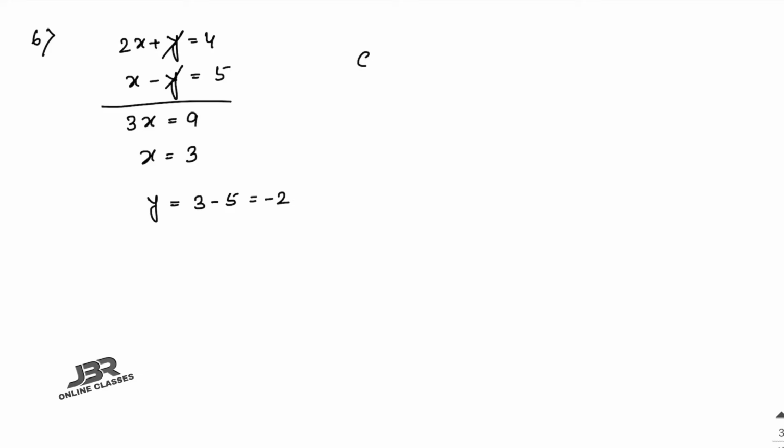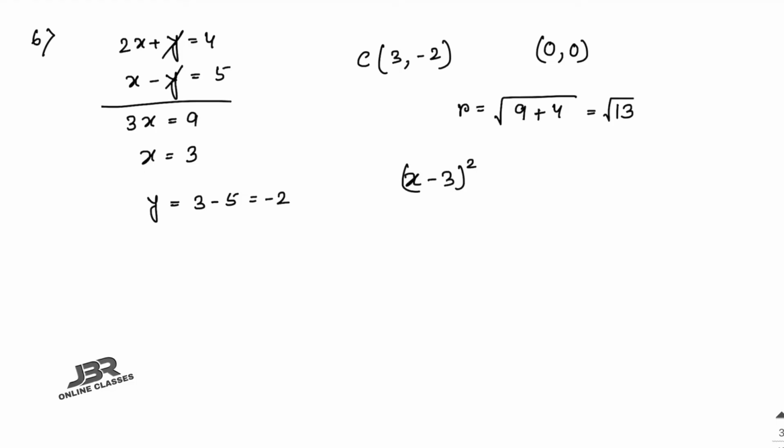So the center is (3, -2), and it also passes through the origin. Origin means (0, 0), so the radius equals root over (3 minus 0) whole square, 9, plus (minus 2 minus 0) square, that is 4, so root over 13. So your equation is (x minus 3) whole square plus (y plus 2) whole square equal to 13.